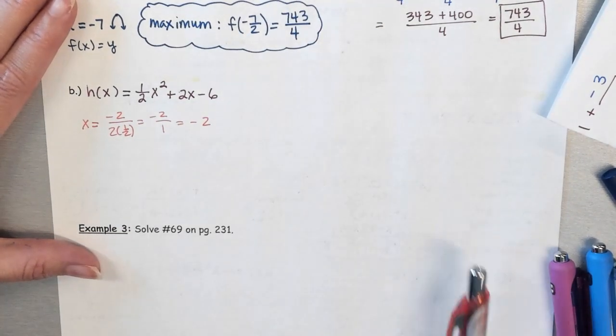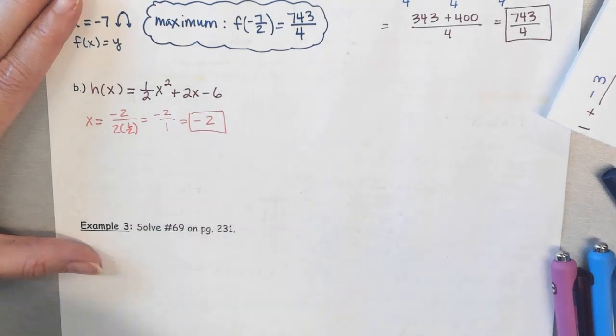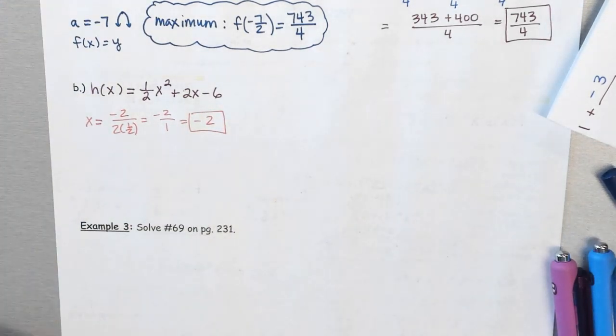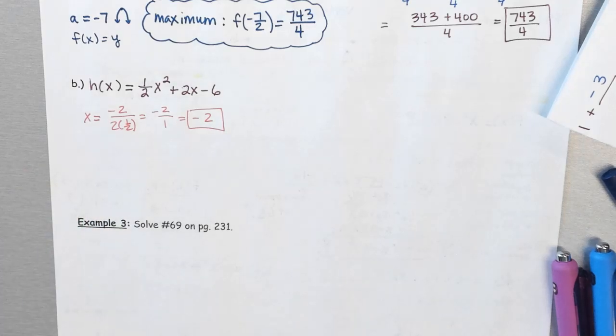Make sure that you got the x value correct, the -2. And then you're going to plug that in to find the other one. And then I'll look around, so if you're not sure how to start it, you can tell me.